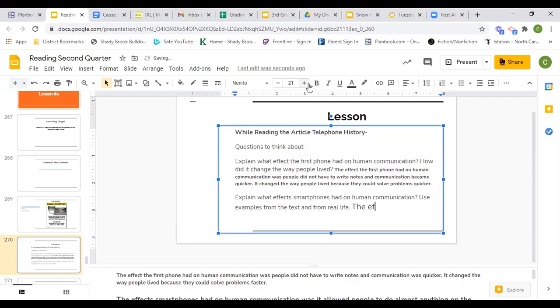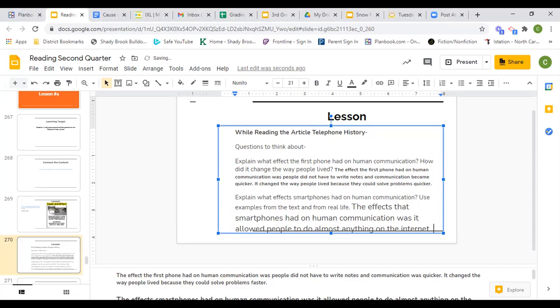Okay, the effects that smartphones had on human communication, making sure I'm using a complete sentence, was it allowed people to do almost anything on the internet.